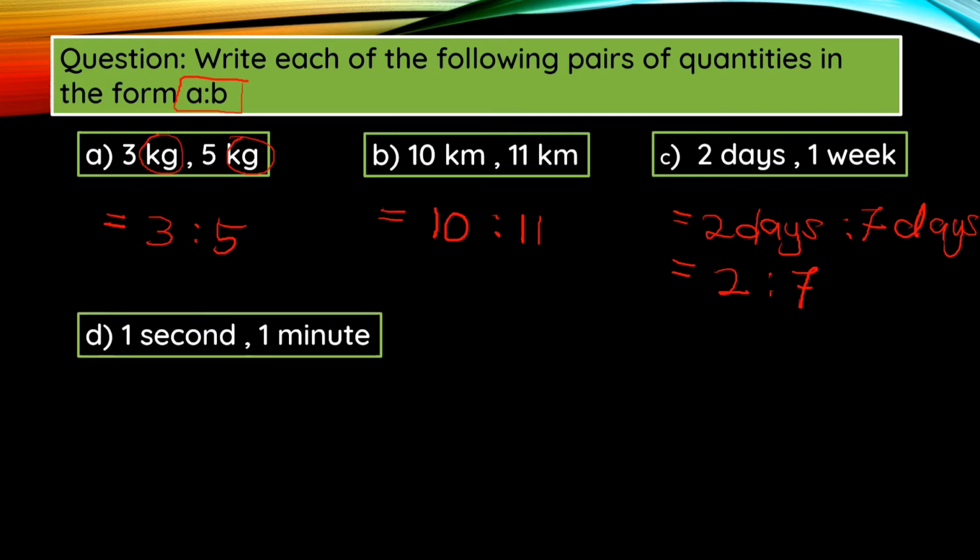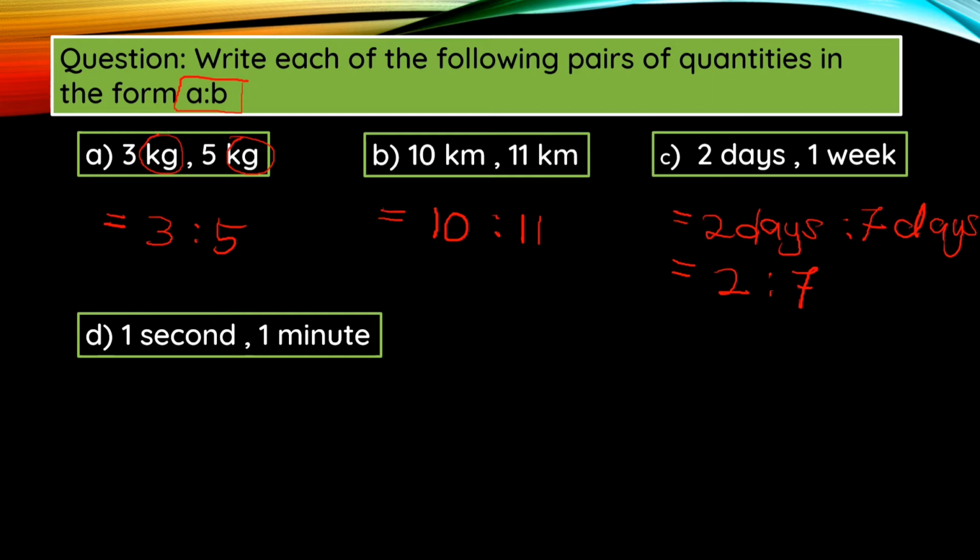Let's look at the 1 second and 1 minute. In this question, 1 is in second, 1 is in minutes. 1 second cannot be converted to 1 minute, but 1 minute can be converted to second.